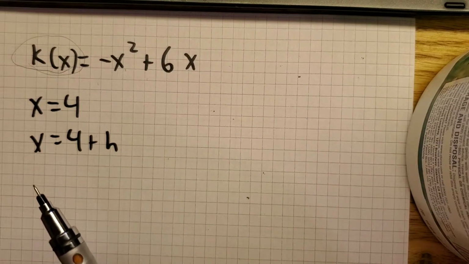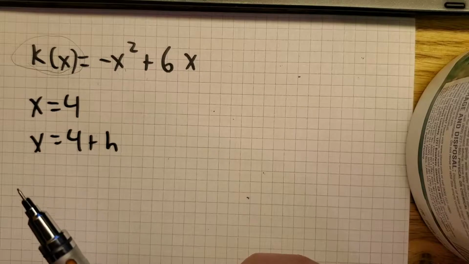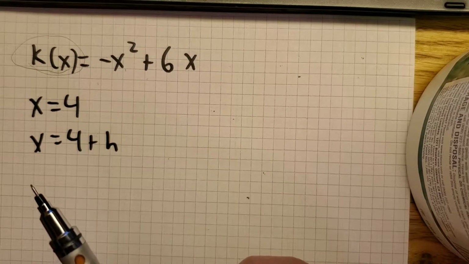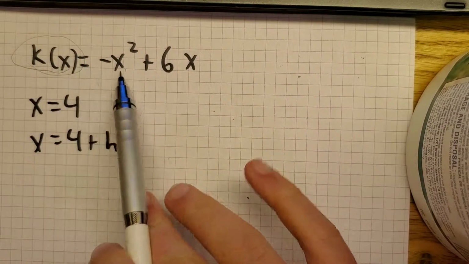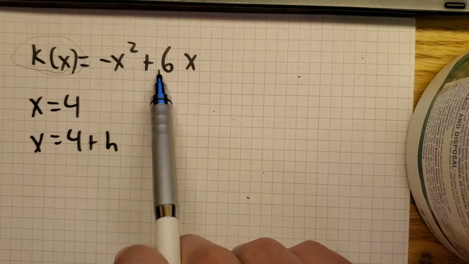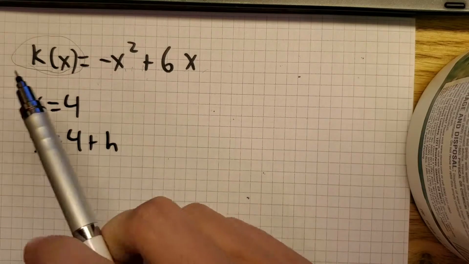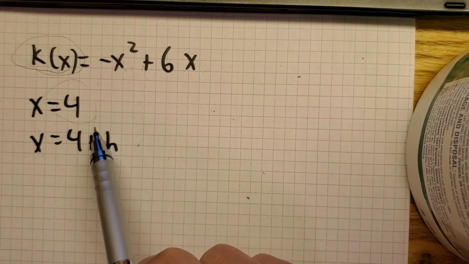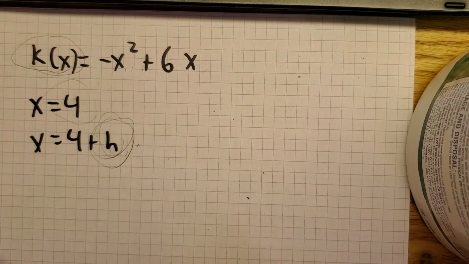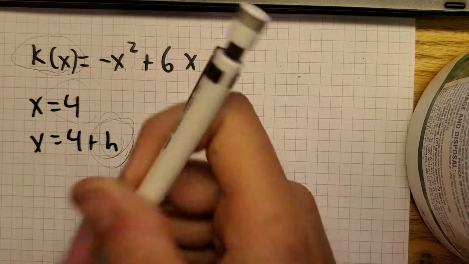That's not an f. I can't do this problem. But you're wrong. It's just f disguised as a k. So it's basically the same thing, and then that gives you -x squared plus 6x, and then you get x equals 4, this is the nice one, and then x equals 4 plus h, and h shouldn't really be there, but it is.